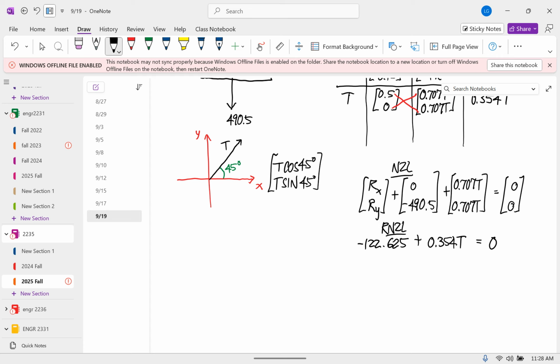So from this, you get that T is equal to 346.40. That's positive, which is good for a cable tension. If you got a negative, something went wrong.